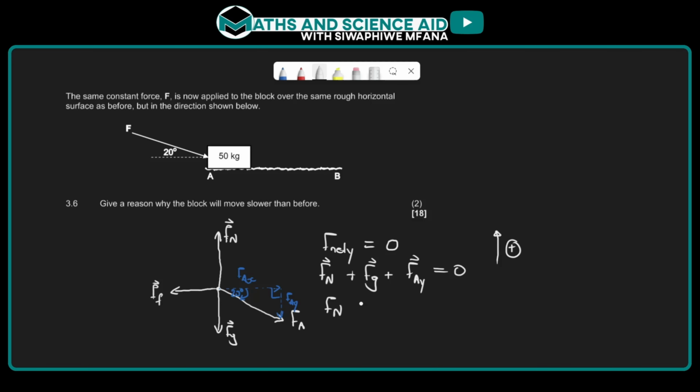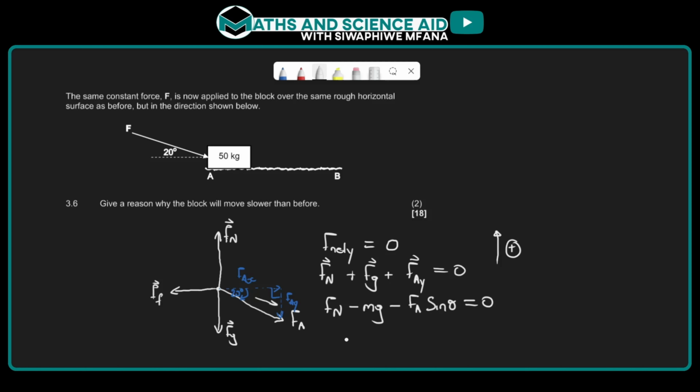Fg is still going to be mg, and it will be negative because it is downwards. And now check this out. You will notice that Fa of y in this case is pointing downwards, which means that it is going to be negative. So we are going to have negative Fa of y, and this Fa of y is opposite our angle, so we can show it as Fa sine of theta equal to 0.